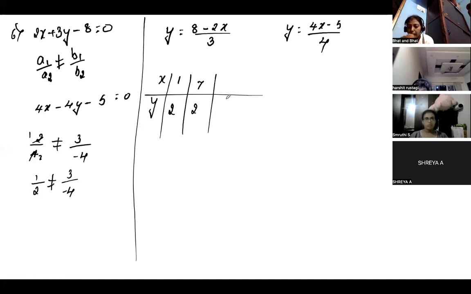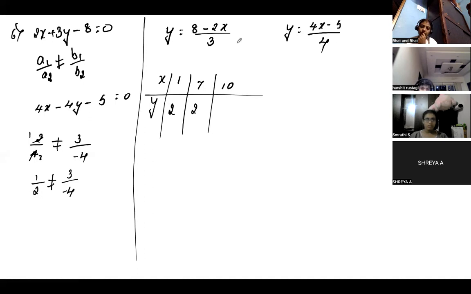Next, what about 9? 18, not possible. 9 is not possible. How about 10? 8 minus 20 is minus 12, upon minus 3. Yes, so you can take 10.